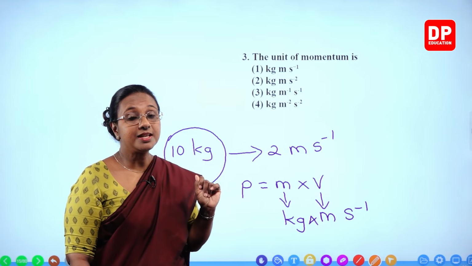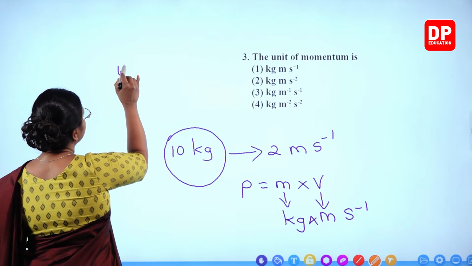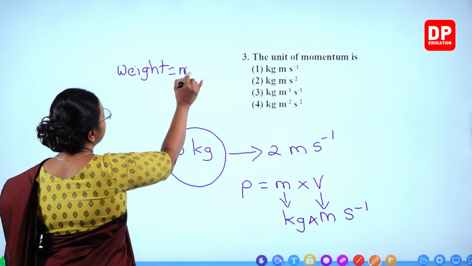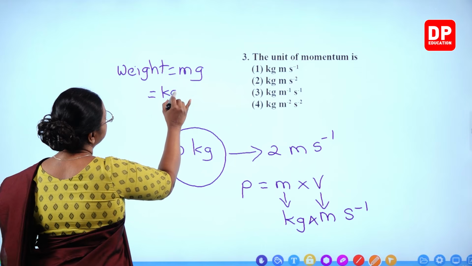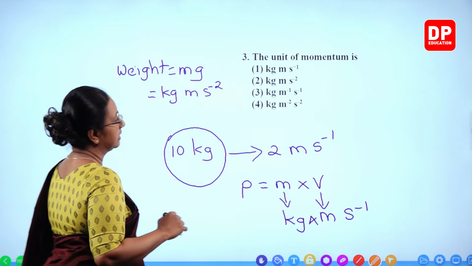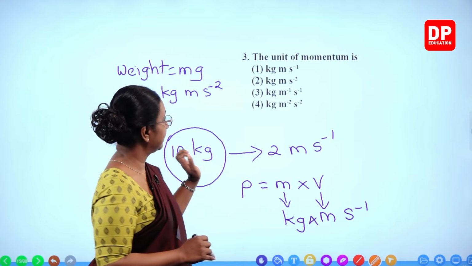Mass into acceleration, what is that? That is weight. You all can remember that now. Weight equals mg. So that is equal to kilogram meter second minus 2. That is weight. But these two, we don't use these units in our syllabus.